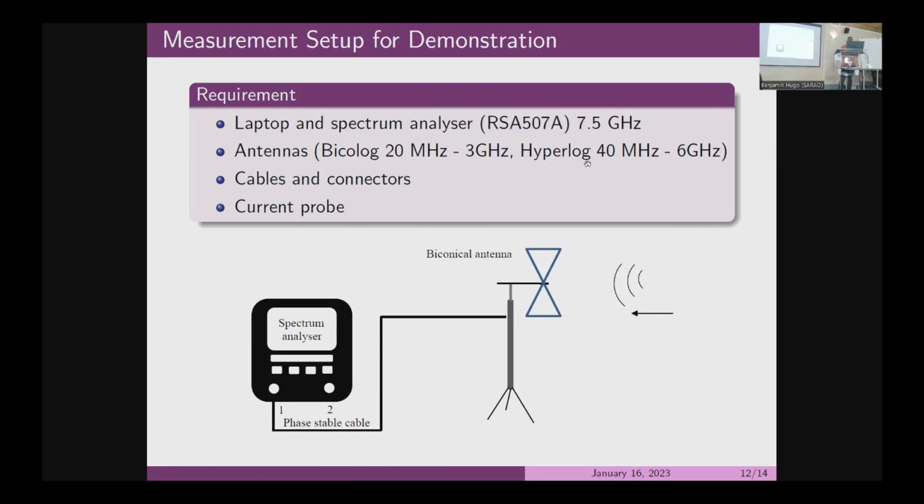And then a hyperlog antenna, I'll explain why you probably need that, that operates from 40 megahertz to 6 gigahertz, and then cables and connectors. We have different types of connectors in electronics that you need to have for proper connection.